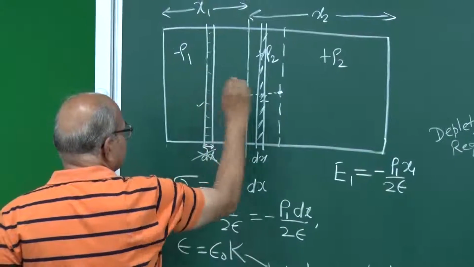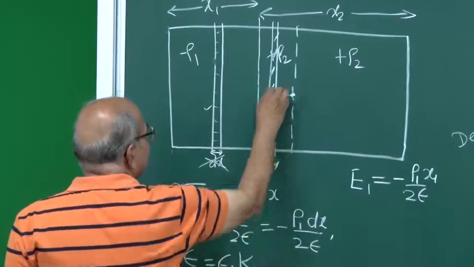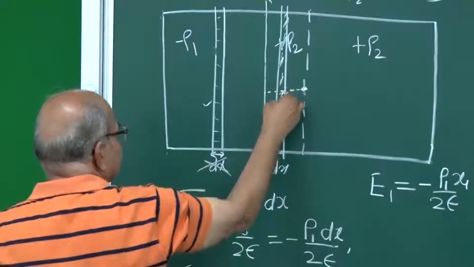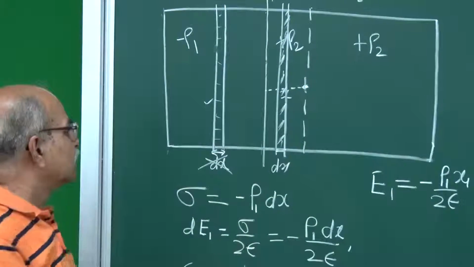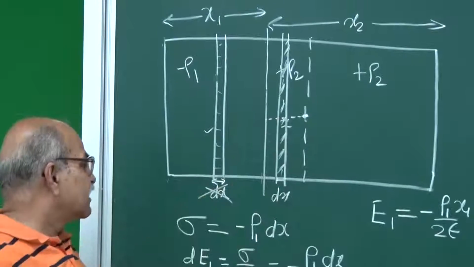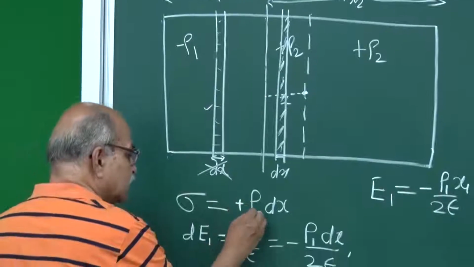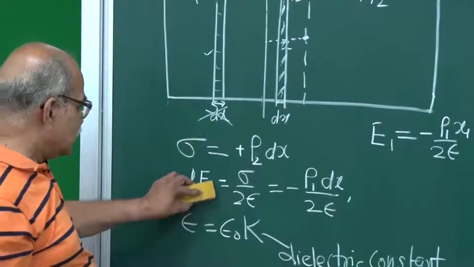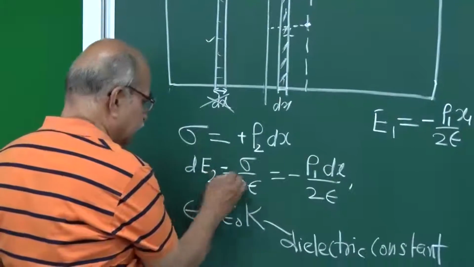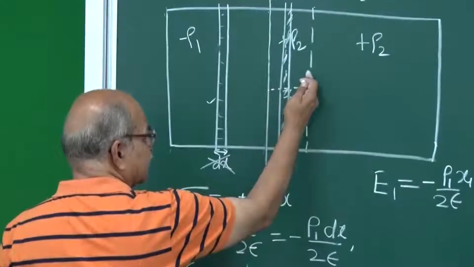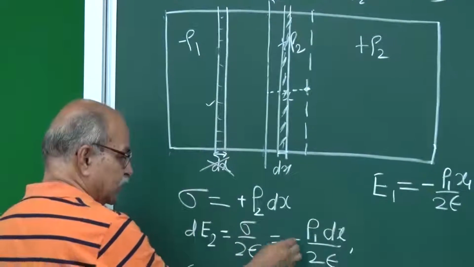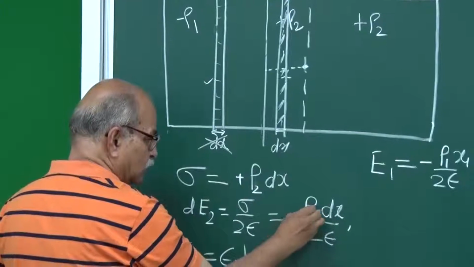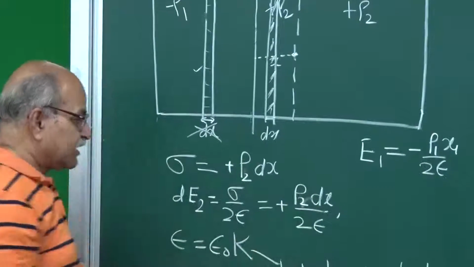Once again you can treat this as a surface charge layer of surface charge density plus rho 2 dx, and dE2 will be, because of this, sigma over 2 epsilon, so plus rho 2 dx over 2 epsilon.